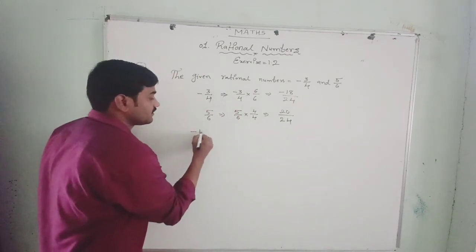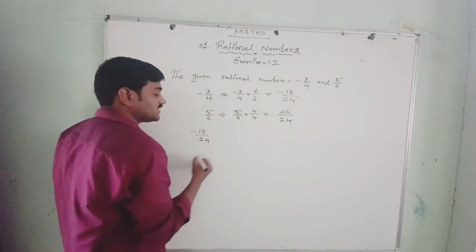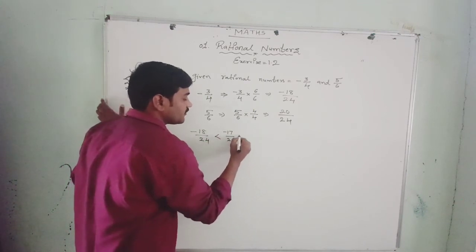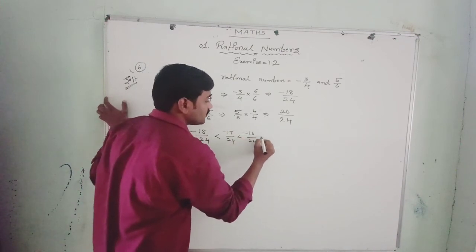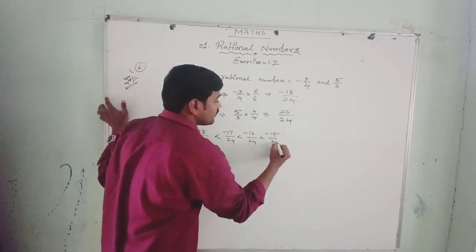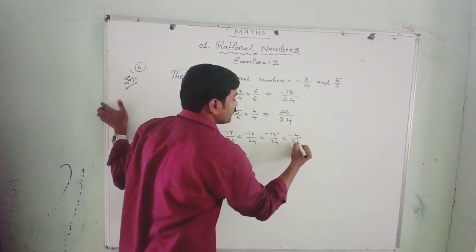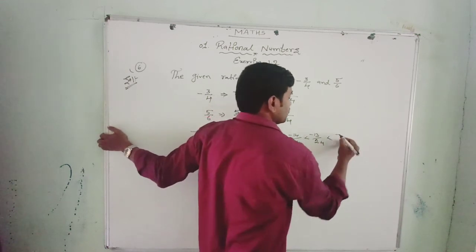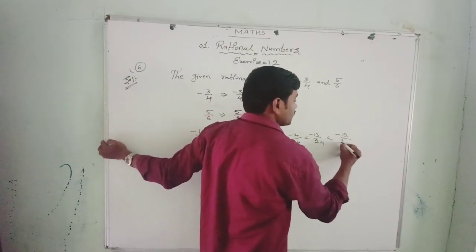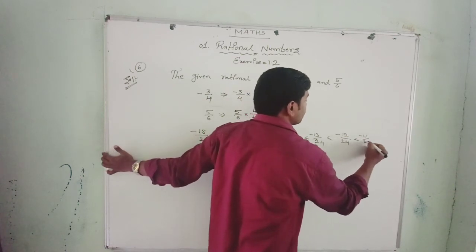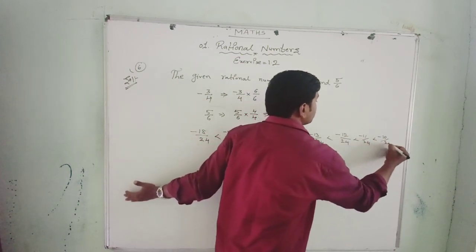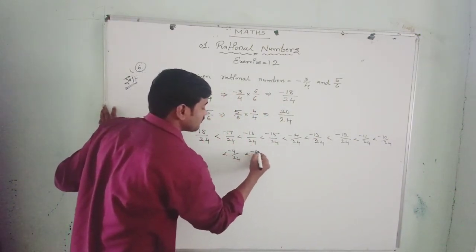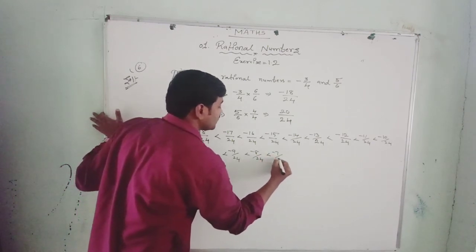So we will be getting many rational numbers between this: minus 18 which is less than minus 17 by 24, minus 16 by 24, minus 15 by 24, minus 14 by 24, minus 13 by 24, minus 11 by 24, minus 10 by 24, which is less than minus 9 by 24, which is less than minus 8 by 24, which is less than minus 7 by 24.